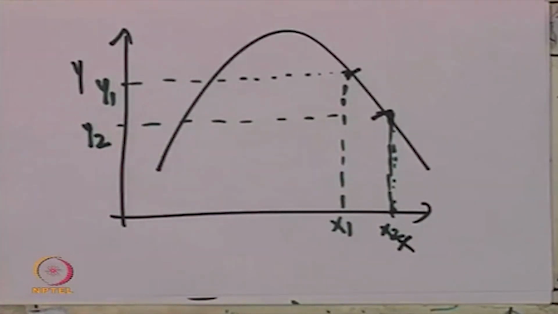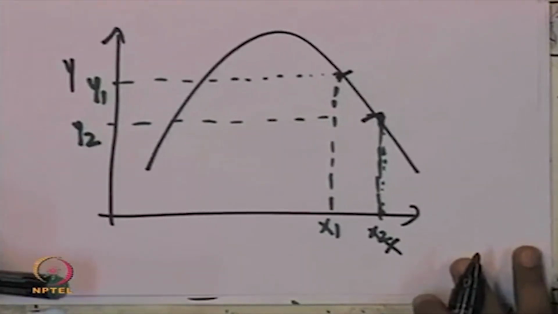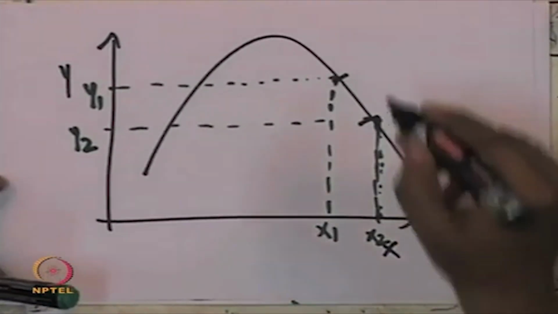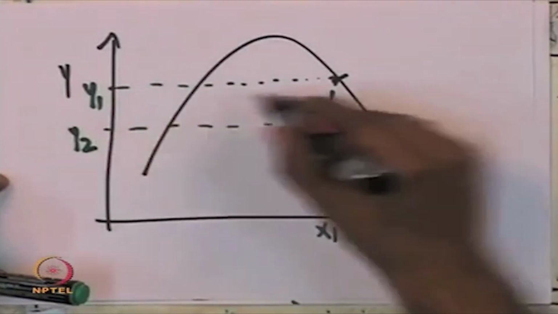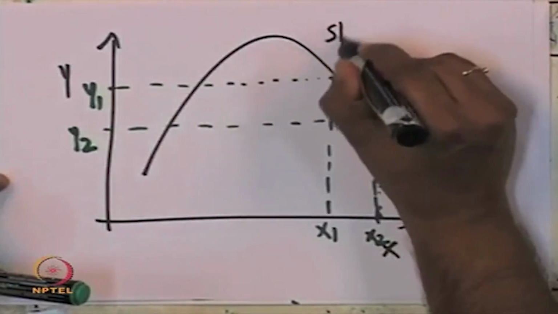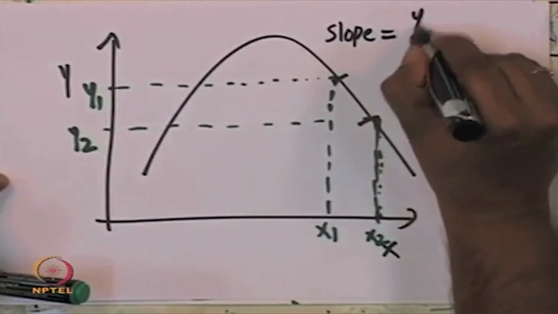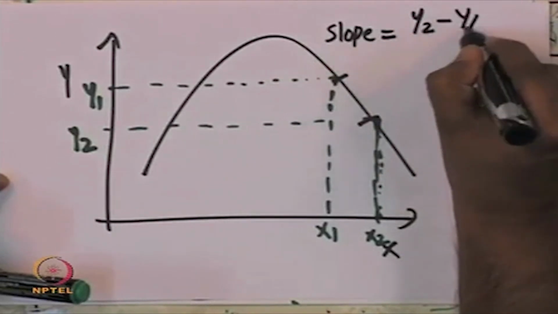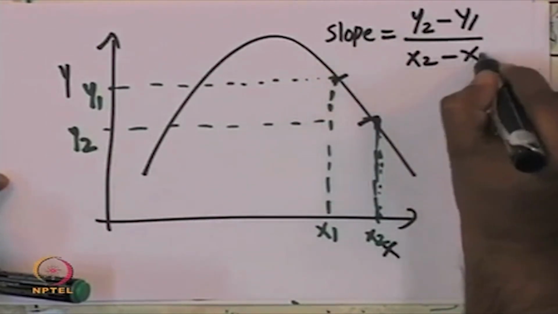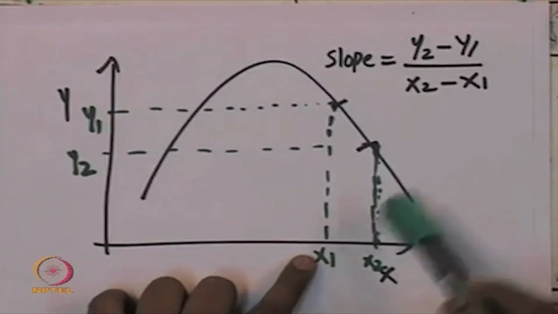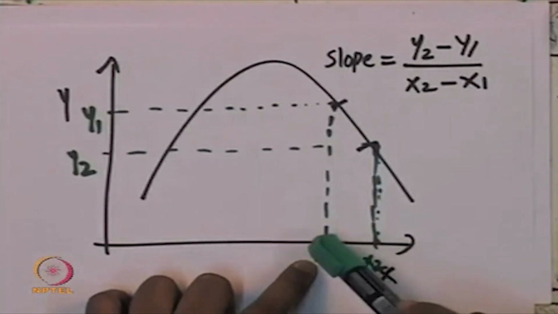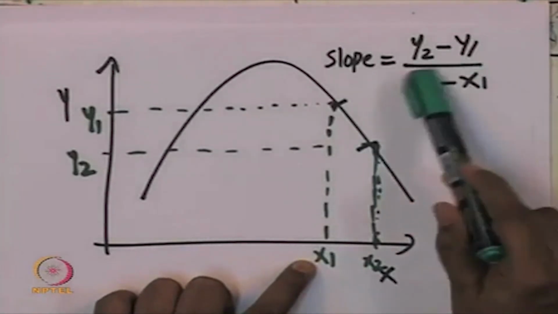According to what we learned, the definition of derivative is dy by dx, so basically the slope is y2 minus y1 divided by x2 minus x1. This is the definition of slope. Now, let us look at x2 and y2. As you can see, x2 is larger than x1, so x2 minus x1 is positive.